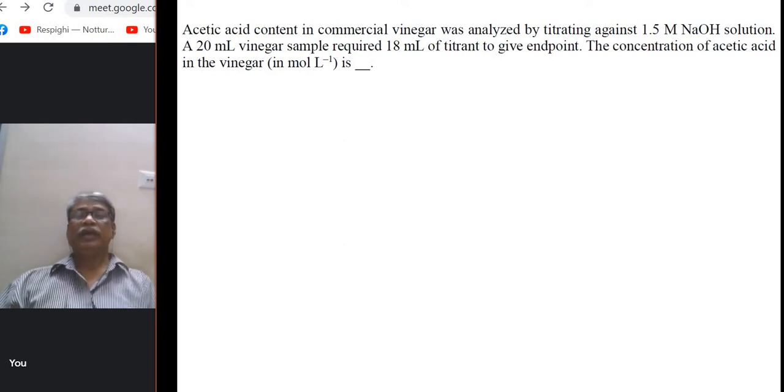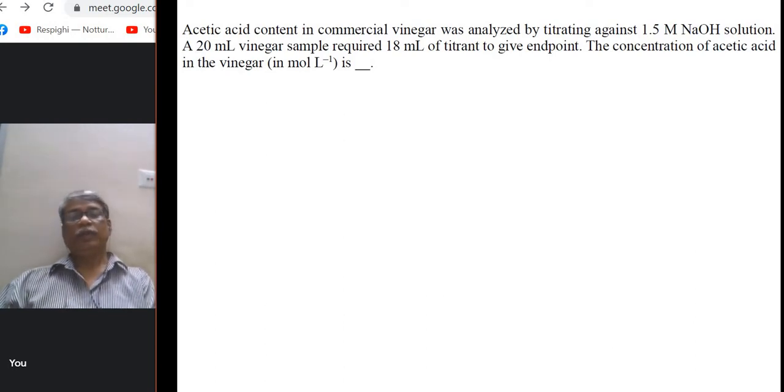The next question: acetic acid content in commercial vinegar was analyzed by titrating against 1.5 molar NaOH solution. A 20 ml vinegar sample required 18 ml of titrant, that is NaOH, to give endpoint. The concentration of acetic acid in the vinegar in moles per liter is.